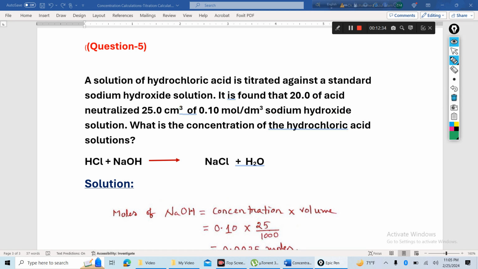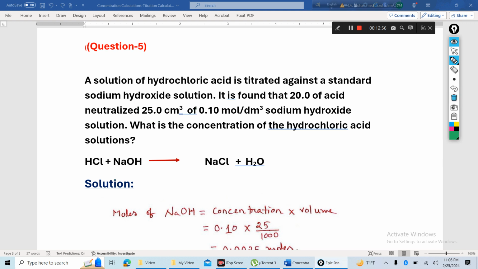In this question, the sodium hydroxide volume is given, 25 cm³, the concentration is given, 0.1 mole per dm³, and the hydrochloric acid volume is given only. So you have to calculate the concentration of hydrochloric acid.